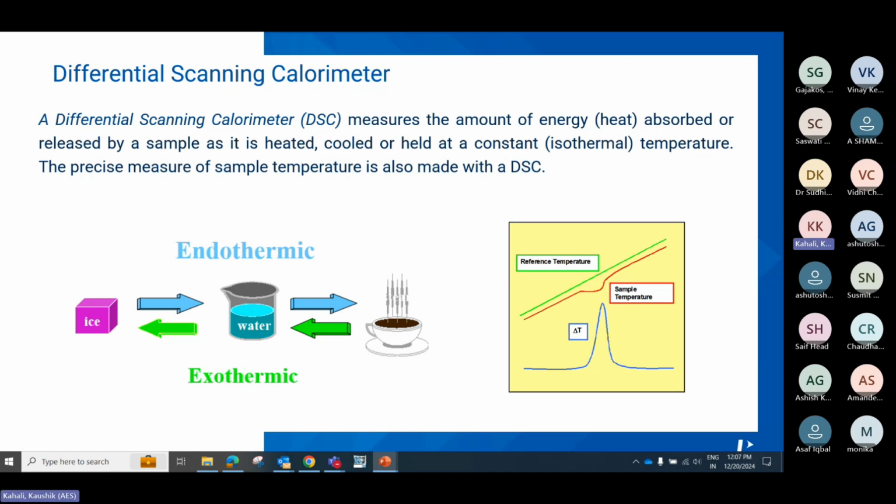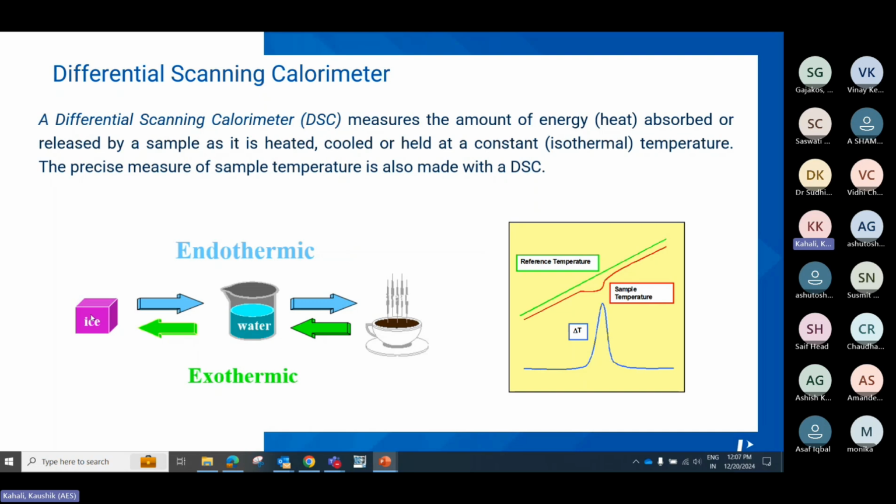So, this is a classical example of heat change in a system. If you consider ice, what happens if the ice takes heat in? Taking in is known as endothermic and releasing is known as exothermic.